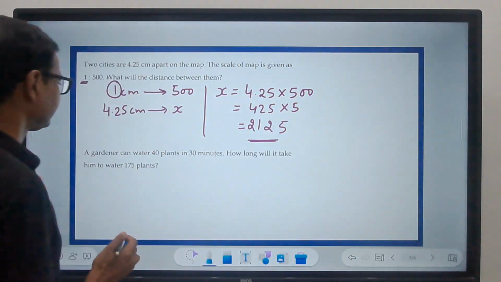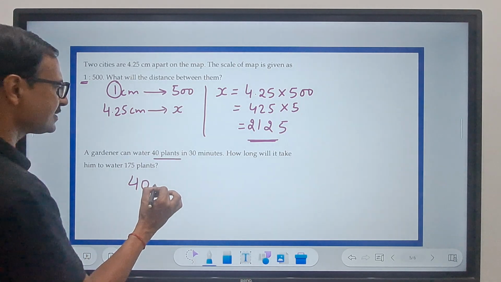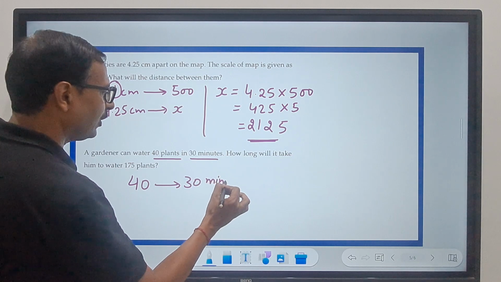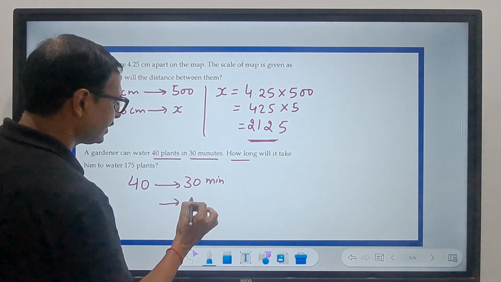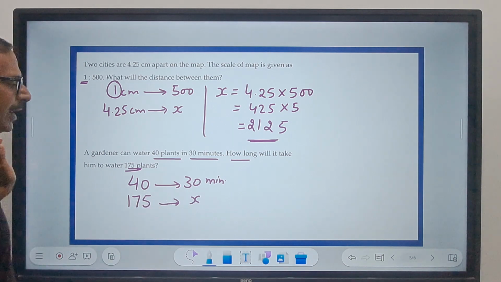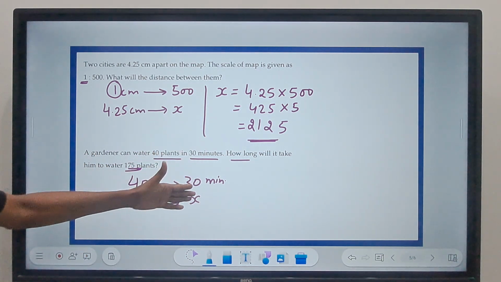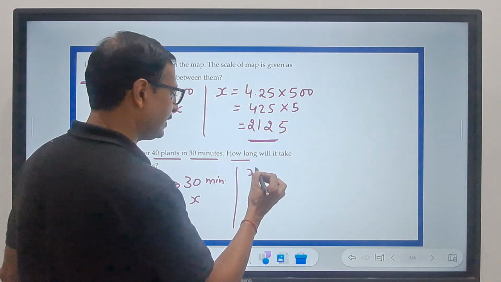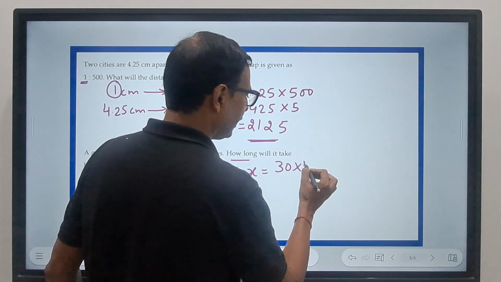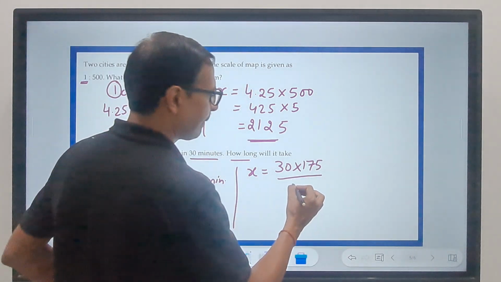Let's see one more. A gardener can water 40 plants in 30 minutes. How long will he take to water 175 plants? Again, number of plants increases and so the time to water them also increases. So X will be the product of 30 and 175 and divide that by the known quantity here, that is 40.